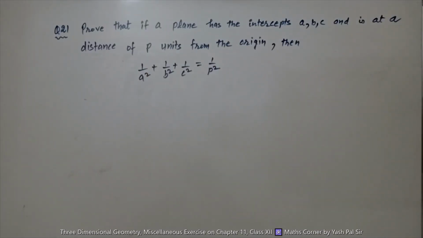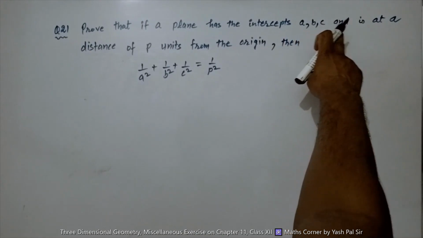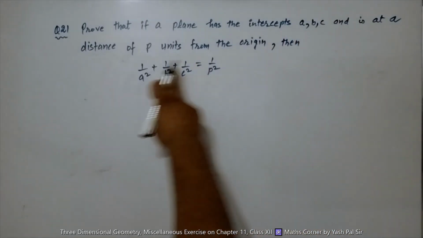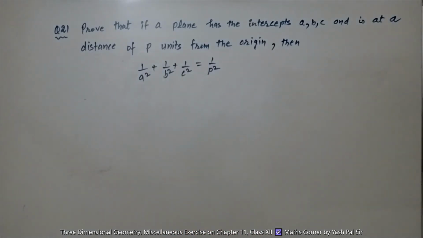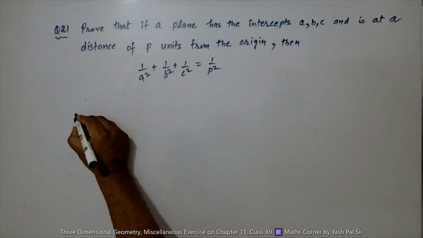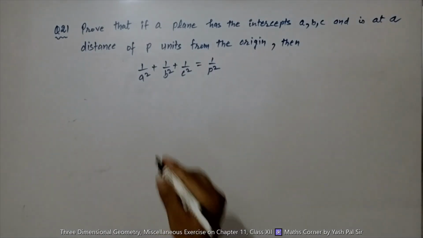Now this is the last question, question number 21 of the exercise. Prove that if a plane has the intercepts a, b, c and is at a distance of p units from the origin, then 1/a² + 1/b² + 1/c² = 1/p². So first of all, what is the intercept form?